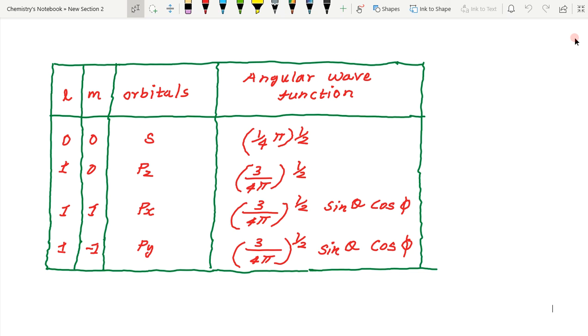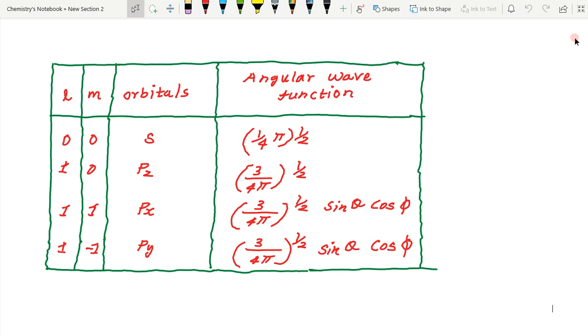l is 1, m is 1 at p orbitals, it means px. Angular wave function is 3 upon 4 pi to the power 1 upon 2 sin theta cos phi. l is 1, m is minus 1 for p orbitals, it means py.